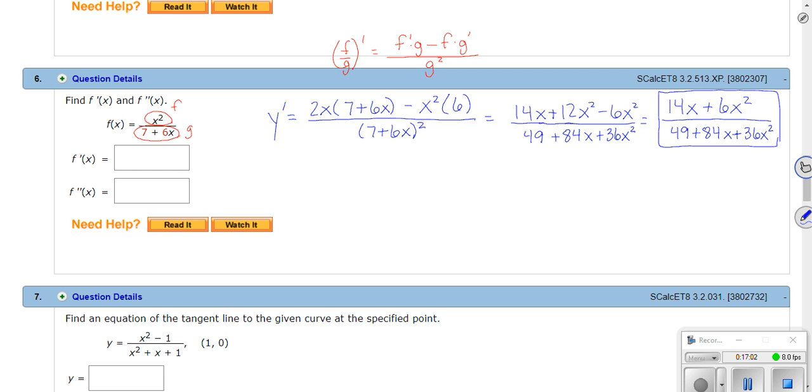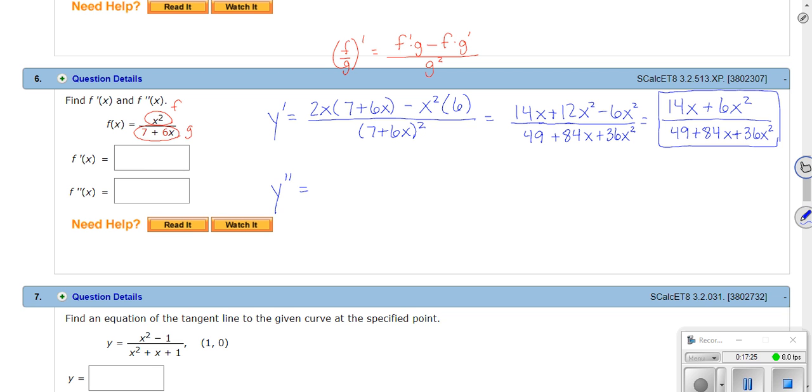I'll go ahead and do that. So let's do y double prime then. Okay, so we're going to take the derivative of the derivative to get our second derivative. I hope that makes sense. Okay, so again, the top is going to be my f, the bottom is going to be my g.